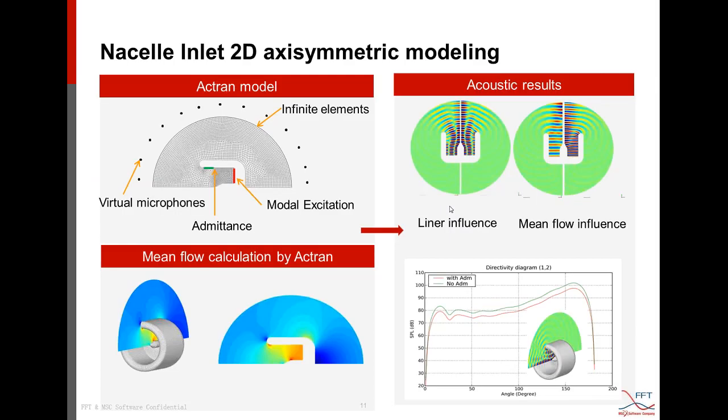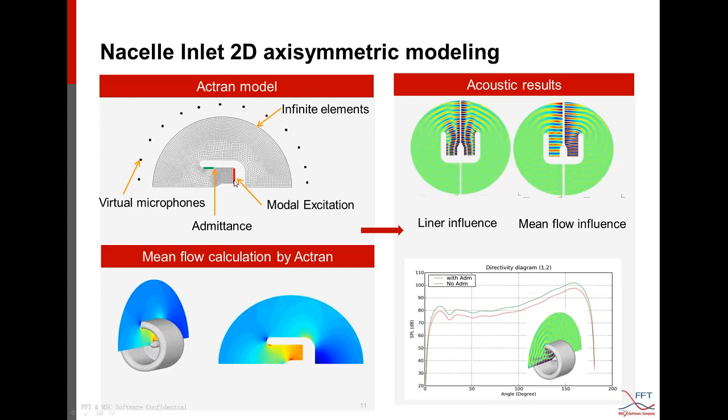Now some example cases. First, we are seeing a nacelle problem modeled in a 2D axisymmetric model. So we are modeling only this one axisymmetric surface to represent the 3D problem.